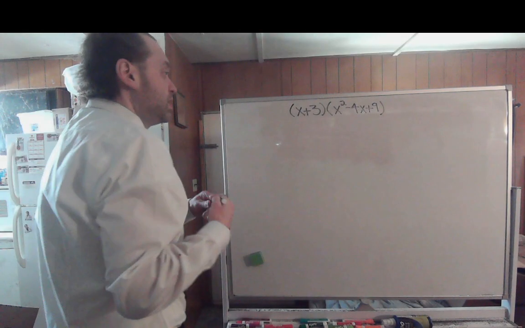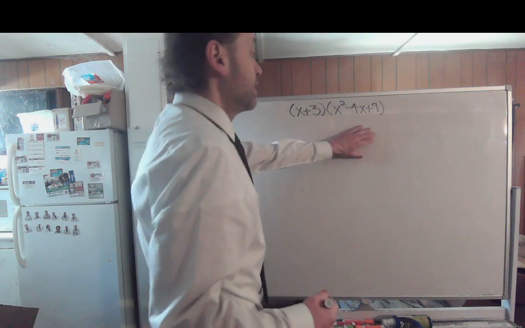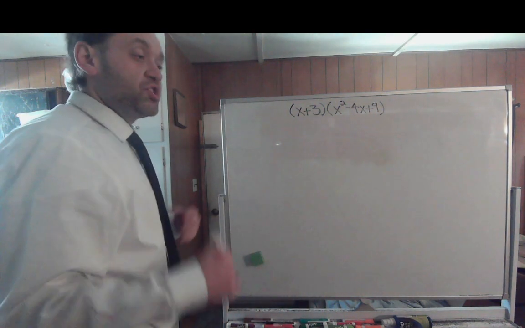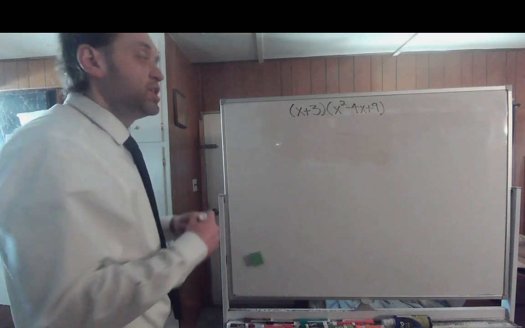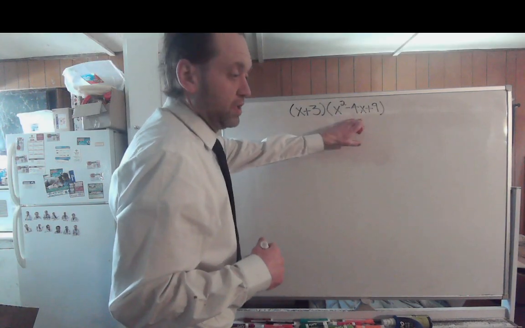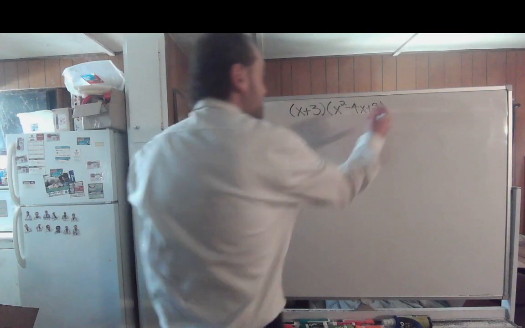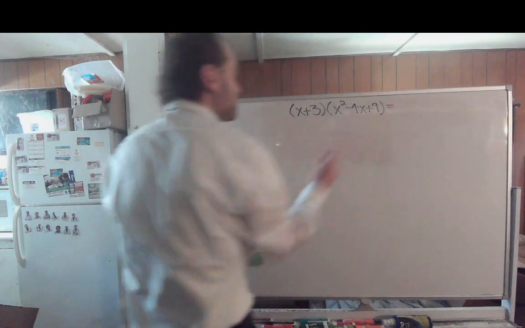So you have the quantity of x plus 3 times the quantity of x squared minus 4x plus 9. It's just a longer FOIL. That's all you could think of it as. Instead of two pieces to consider for foiling in the second product, you have three pieces. So it's going to work much the same way though.